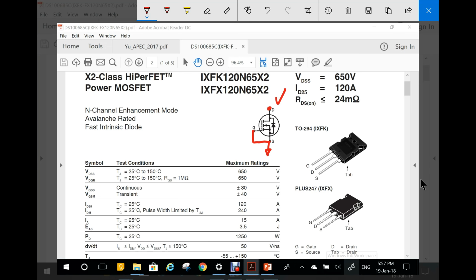This is the meaning of VDSS. And what it says under these test conditions, very important to look at the test conditions, this is really a very important piece of information, is that up to 650 volts, this device will not be damaged. It can withstand this voltage.